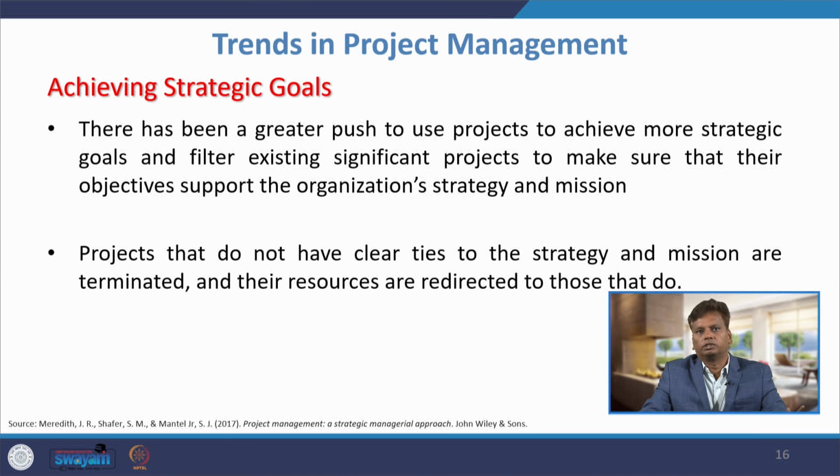If any projects are not helping to achieve the strategic goals, then we have to modify those projects. So, the ultimate aim is that all the projects should help to achieve the strategic goals. The projects that do not have clear ties to the strategy and mission are terminated, and their resources are redirected to those that help to achieve the strategic goals.